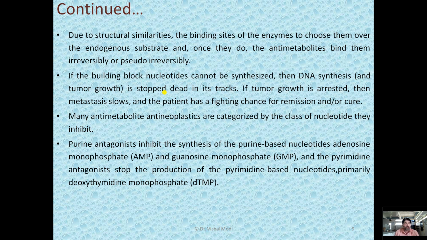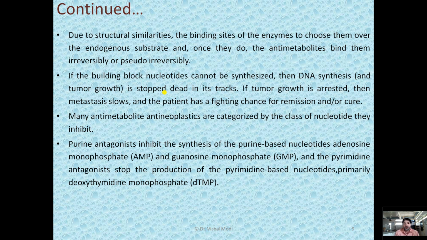Okay. Many antineoplastic antimetabolites are categorized by the class of nucleotide they inhibit. Purine antagonists inhibit the purine nucleotides, and pyrimidine antagonists inhibit the pyrimidine nucleotides. Some drugs belong to the DNA polymerase inhibitors, and some belong to the DNA methyltransferase inhibitors, meaning they act specifically by inhibiting those enzymes.